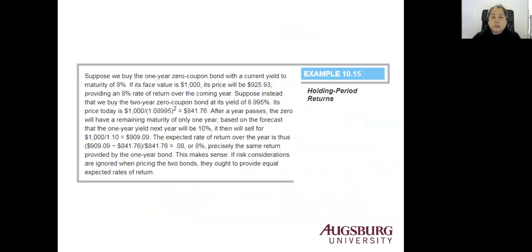So in this case, suppose you buy a zero coupon bond, say face value $1,000. Current yield to maturity, Y1, is 8%. So this $1,000 discounted at 8% interest is going to be $925.93, right?